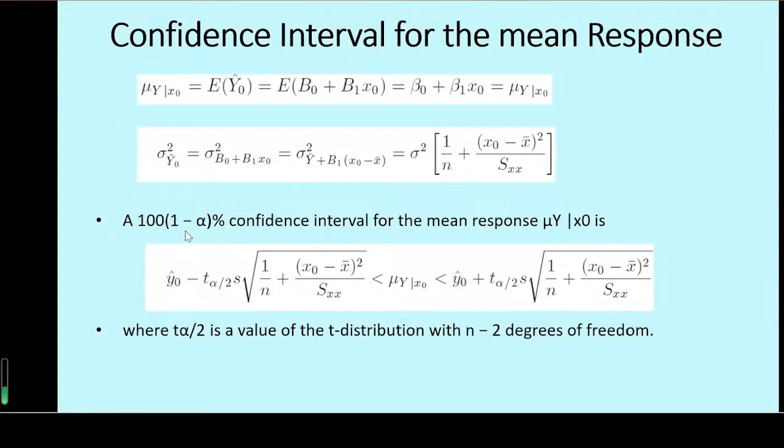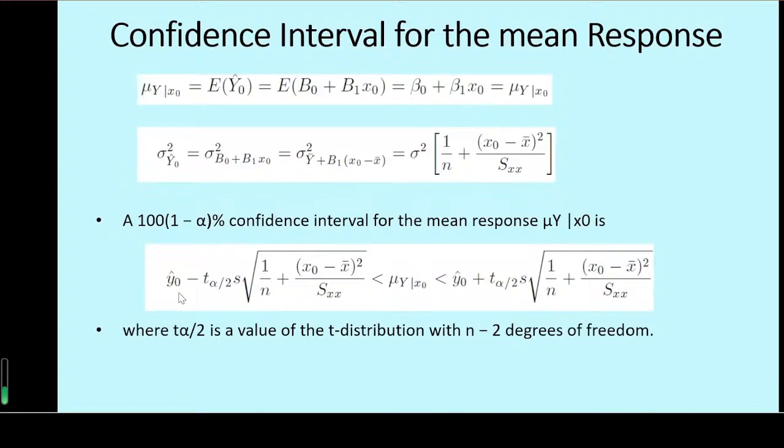So the 100 times 1 minus alpha % confidence interval for the mean response mu y given x0 is y hat. So y hat actually is this one, the value we get by filling in x with the linear regression line.